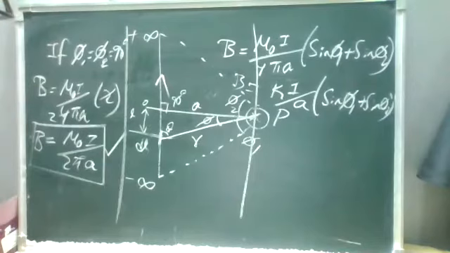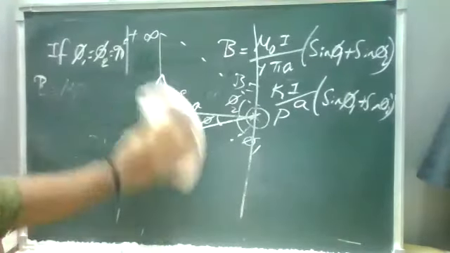Okay, use Biot-Savart law to obtain an expression for the magnetic field at the center of a coil bent in the form of a square of side 2A carrying current I. I'll repeat the question.